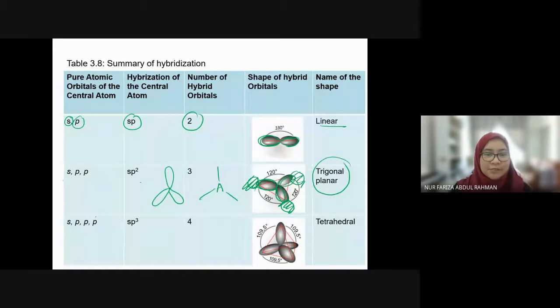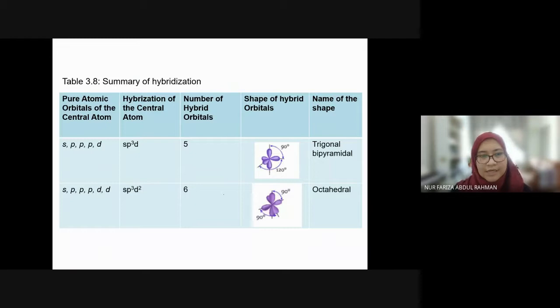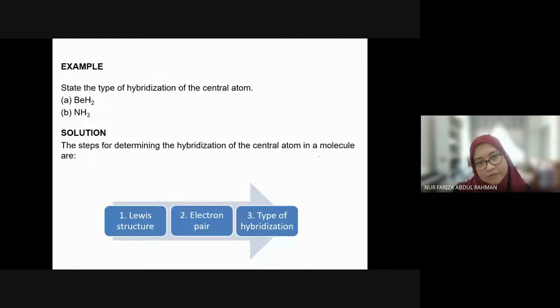Alright. And then we have sp3. That means you combine 3 p and 1 s orbital. So this is how it looks like. Okay. The bond angle and the shape are basically the same as what we had earlier. Okay. sp3d maksudnya dia combine s, p, p, p, d. sp3d. So the shape is trigonal bipyramidal. Okay. Alright. And so on lah.